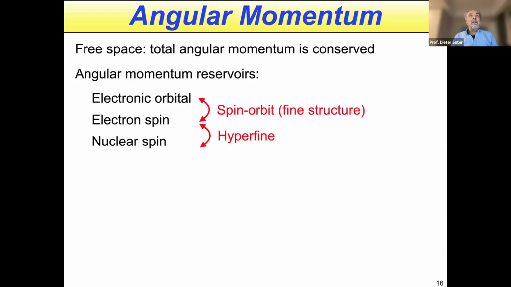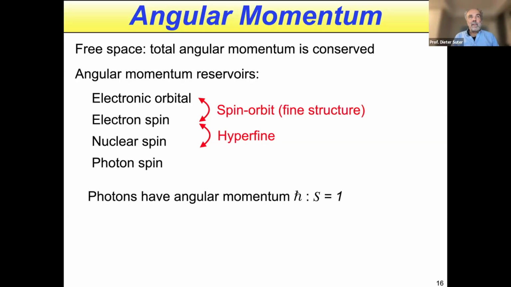What we have to add now is the photon spin, which is the most important additional source that we consider here. Photons have an angular momentum of h bar, so their spin quantum number is 1. Now, if you want to use the photons, they don't interact directly with the nuclear or the electron spin, but they do interact with the electronic orbital angular momentum through absorption and emission.